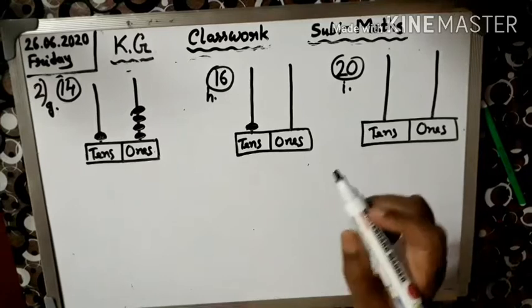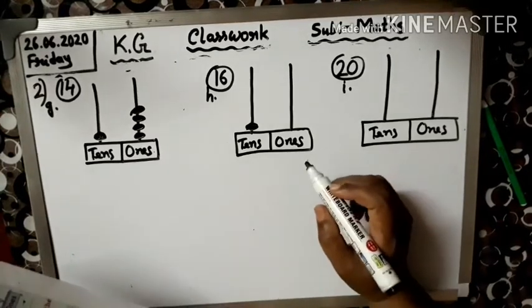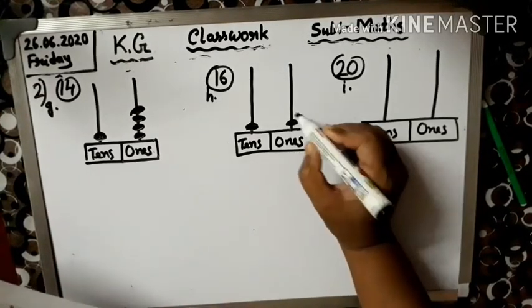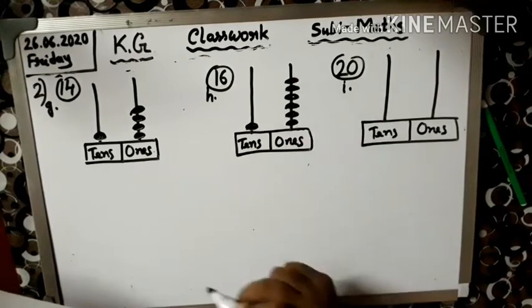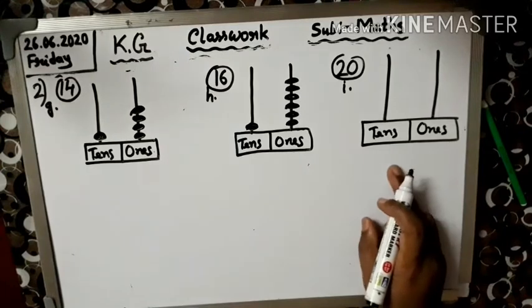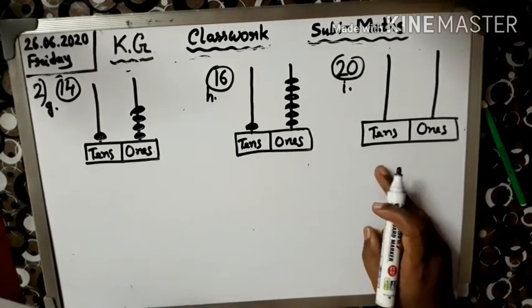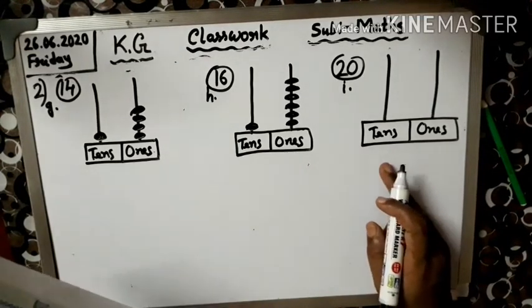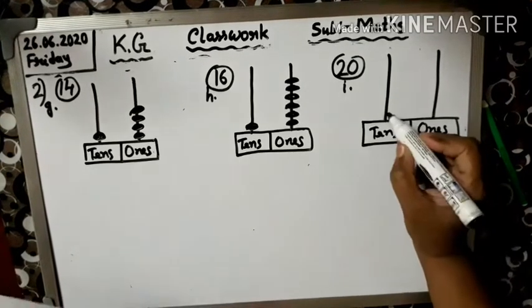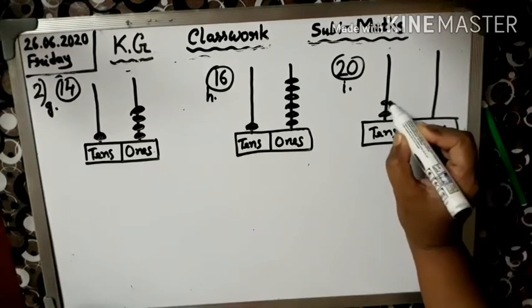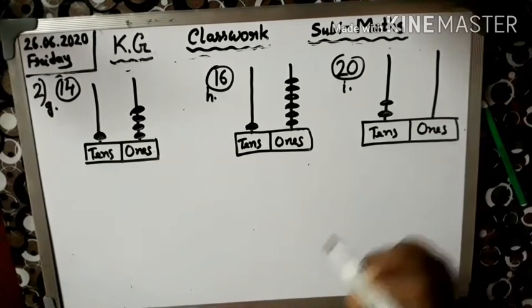Draw 6 beads on the ones spike. 3, 4, 5, 6. Next, draw 2 beads on the tens spike. It is 20.